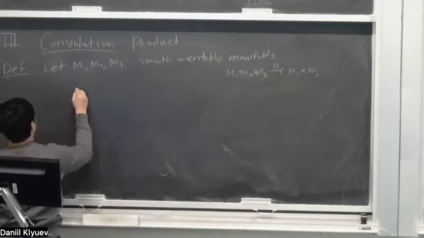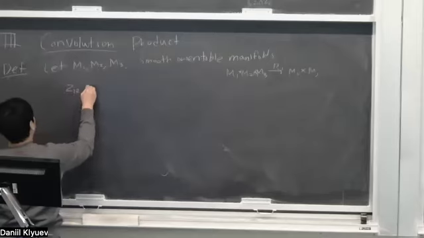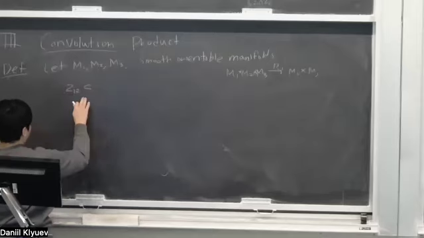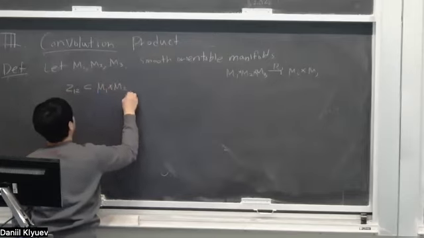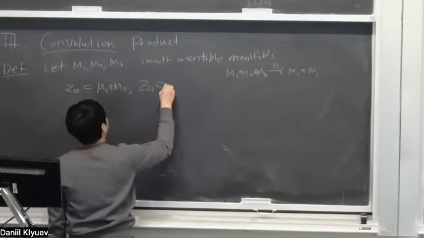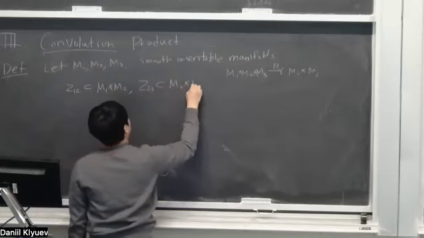Suppose we have a closed subset, which means it's a correspondence, Z12 in M1 times M2, and Z23 in M2 times M3.